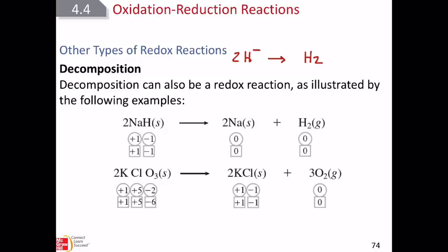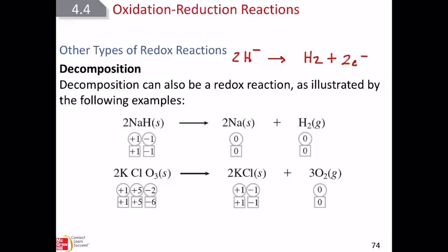So H-, then the 2 electrons have to be over here. So this is losing 2 electrons. Losing 2 electrons is oxidation. Oxidation is an increase in oxidation number. Reduction is a reduction in oxidation number. So the sodium going from +1 to 0 is being reduced.